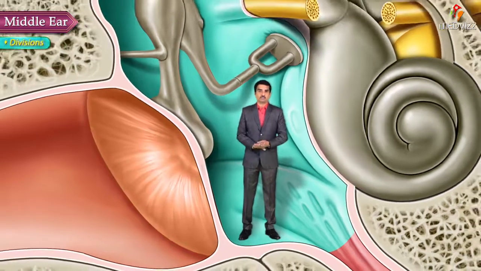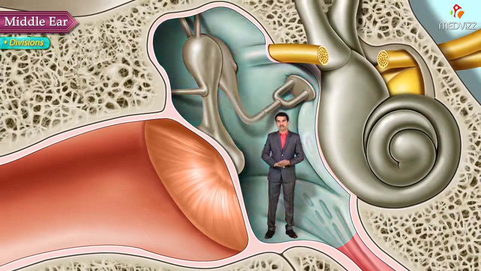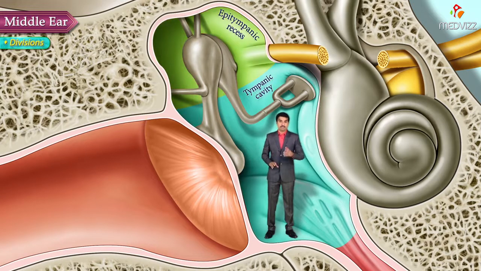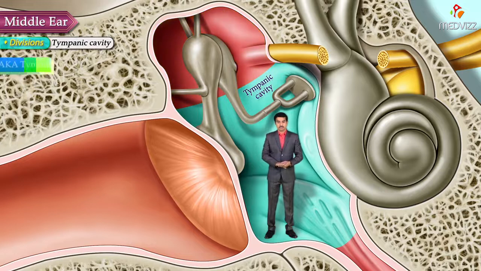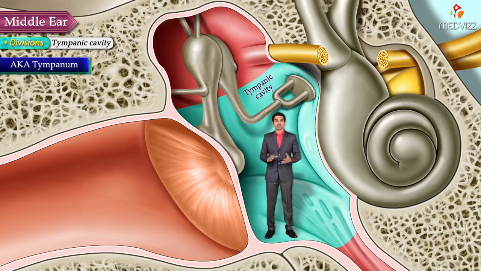Now coming towards the divisions of the middle ear. The middle ear can be divided into two parts. The first one is called the tympanic cavity and the second one is called the epitympanic recess. So now let us discuss the tympanic cavity. The tympanic cavity is also called the tympanum.